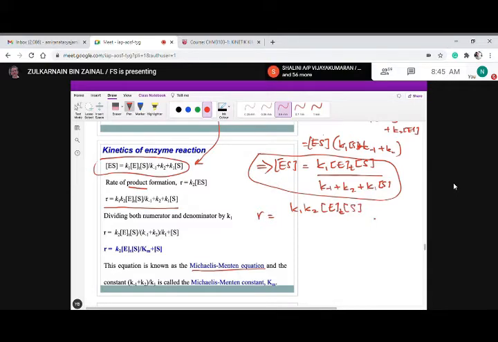Because E is the concentration at time T, but ET is the concentration that you start with when you start the reaction. So you know the total concentration of enzyme that you use from the beginning, over K minus 1 plus K2 plus K1 S.